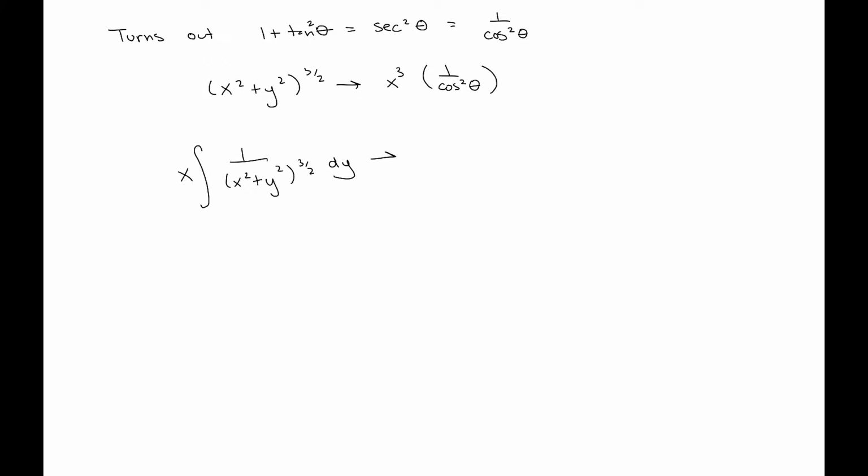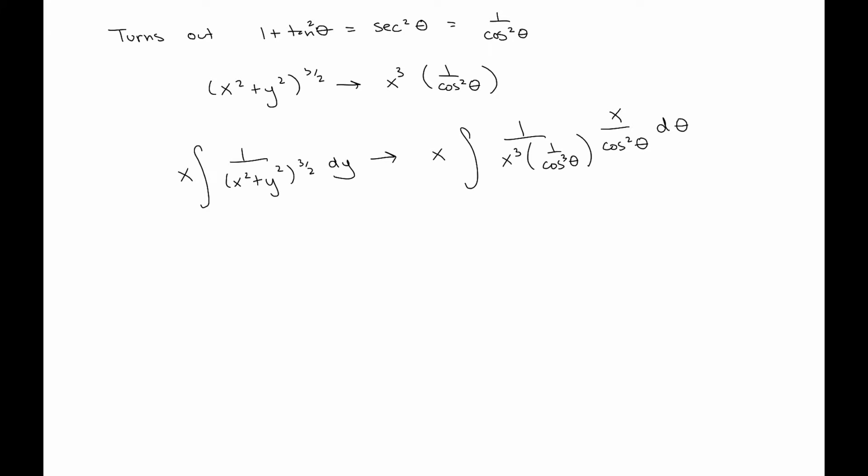I put that all together, I end up getting x, 1 over x to the 3rd, 1 over cosine to the 3rd theta, and then I get an x over cosine squared theta d theta. Okay, so this is from me transforming the integrand. This is from me transforming that dy.